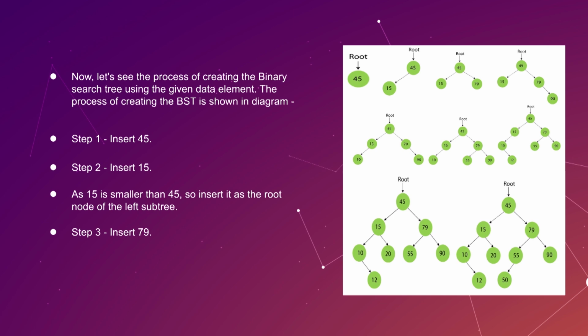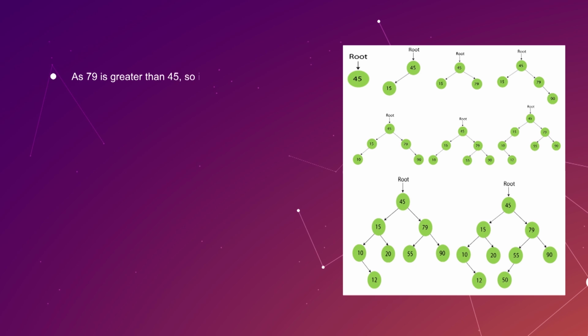In step 3, the next element is 79. As 79 is greater than 45, in each and every case when we fetch a new item, we compare initially with the root item, then we fix that item. So, as 79 is greater than 45, we insert it as the root node of the right subtree.